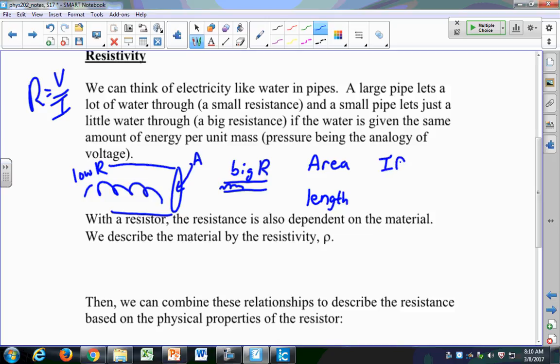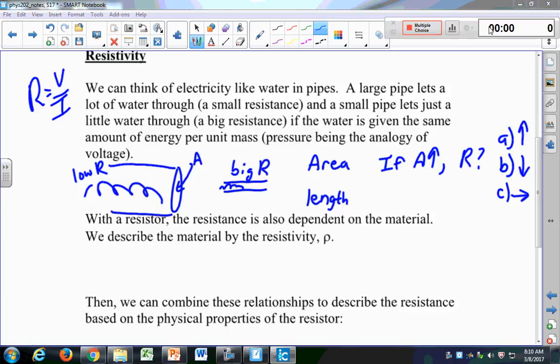If the area increases, what happens to the resistance? Does the resistance increase? Does the resistance decrease? Or does it stay the same? So if I increase the area of my pipe or my resistor, the same idea is going to hold true here. If I make it bigger, does that mean that my resistance has increased, decreased, or stayed the same?